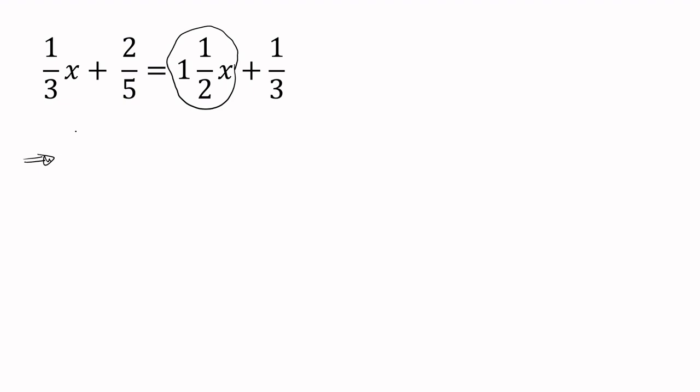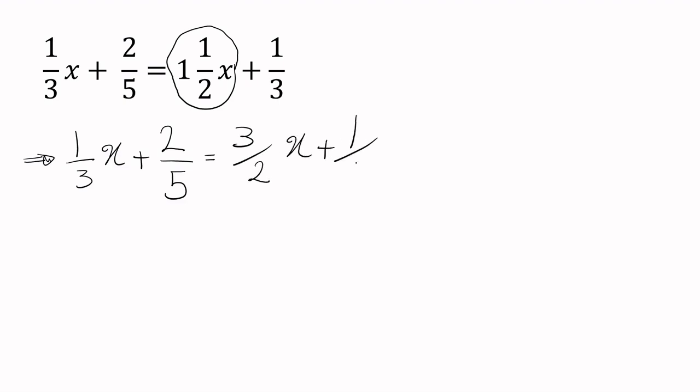I have 1 over 3 x plus 2 over 5 is equal to, I want to convert it to a fraction, 1 times 2, 2, plus 1, 3. So I'm going to have 3 over 2 x plus 1 over 3.